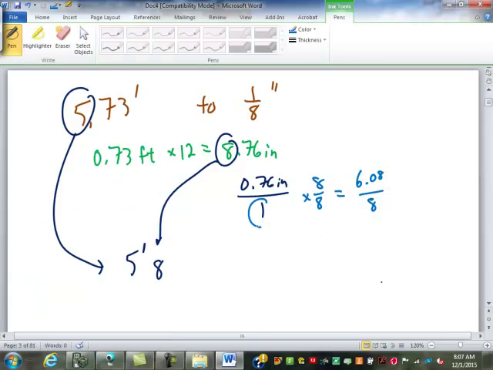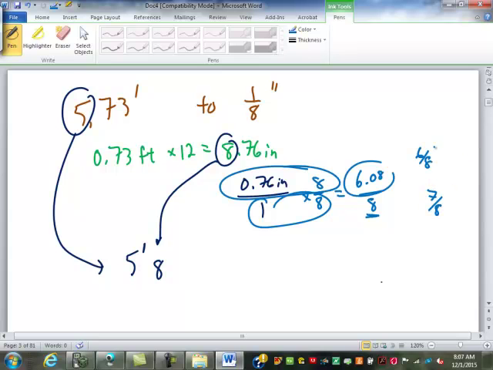I multiplied 1 by 8 to get 8, and 0.76 times 8 to get me 6.08. The reason I multiplied by 8 over 8 is because it is 1, so I'm not changing the value, I'm just changing the appearance. So 6.08 is between 6/8 and 7/8. It's obviously closer to 6/8. So 3/4.